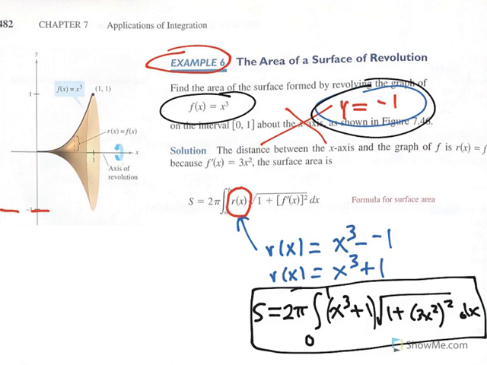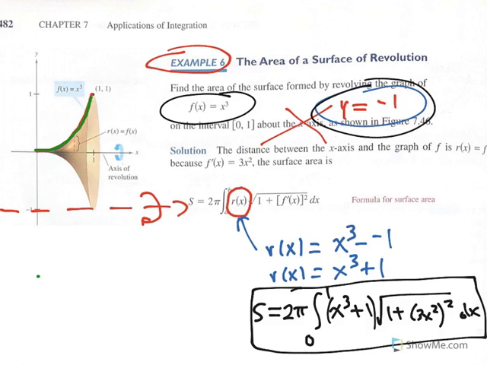I'd like to go ahead and sketch that for you. So here's the axis of revolution, and here's our continuous curve. So let's put that in a different color, maybe green. So what would the surface look like approximately?